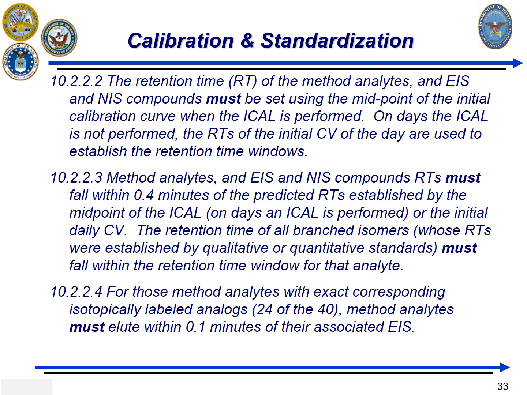So that retention time window has to be big enough to encompass all of the retention times of those branched isomers. For those method analytes with exact corresponding isotopically labeled analogs, so that's 24 of our 40 method analytes, the method analytes must elute within 0.1 minutes of their associated EIS compounds.